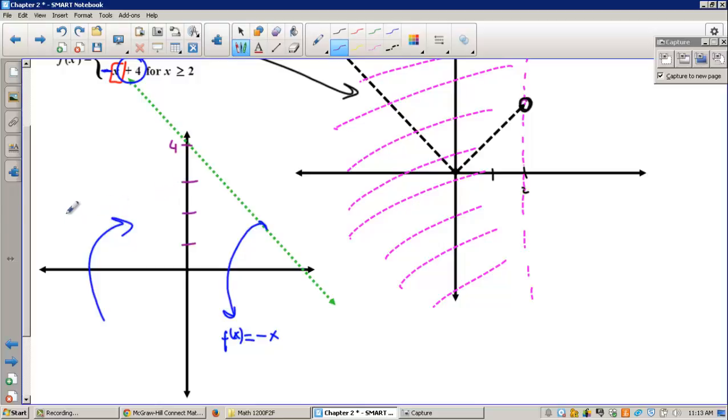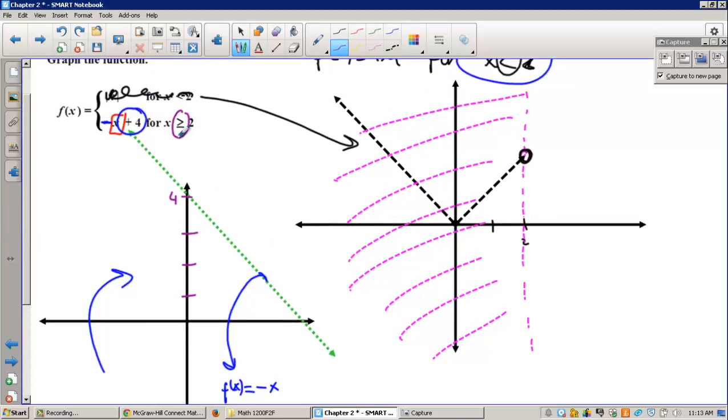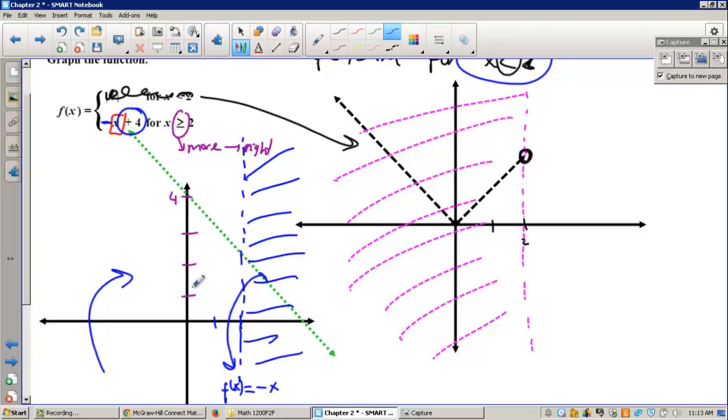All right, we need to cut it now, chop it off. What does this say? We chop this off and take the part which is on the x greater than 2 region. Greater than 2 means right side of 2. So I have to spot 2 then. Where is 2? 1, 2. And put a line there, vertical line. And take the part to the right side of 2. So that means all the left side is going to shrink back to here.